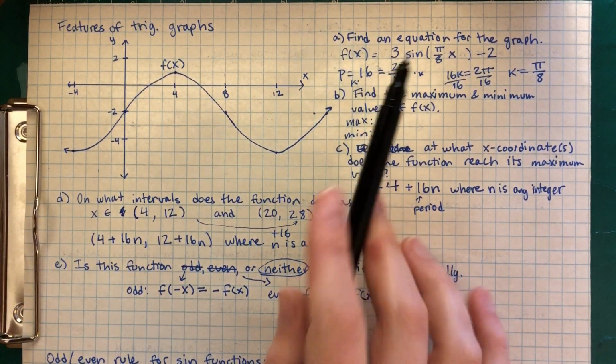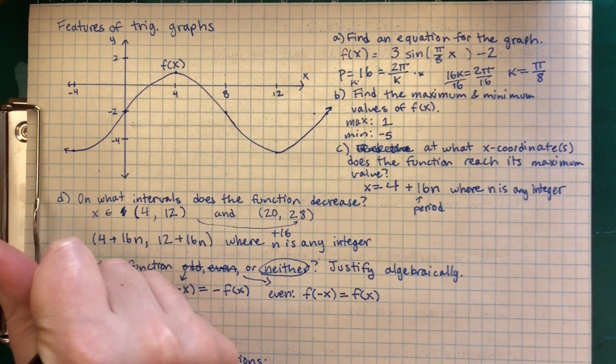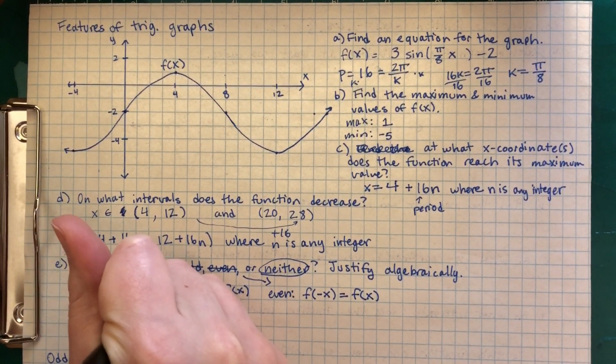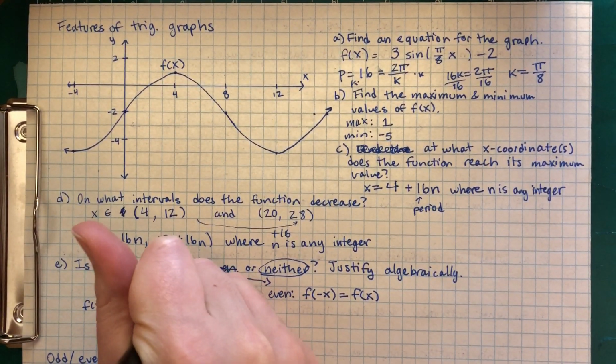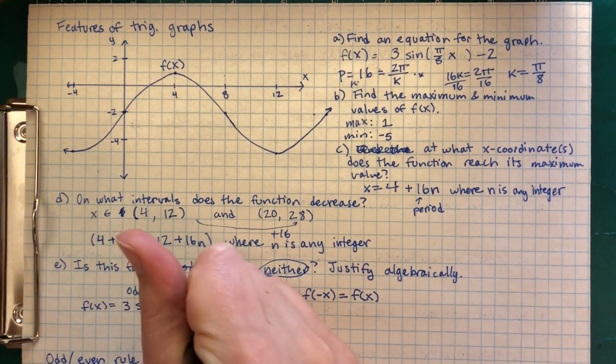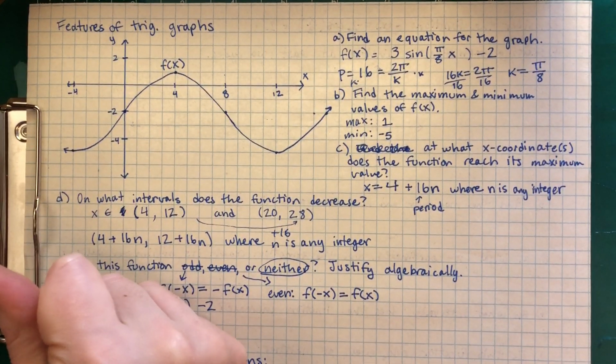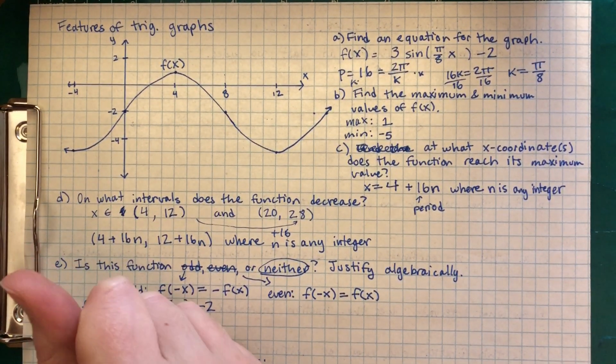So let's look at this equation. 3 sine pi over 8x minus 2. And let's see what happens if we put in a negative x.